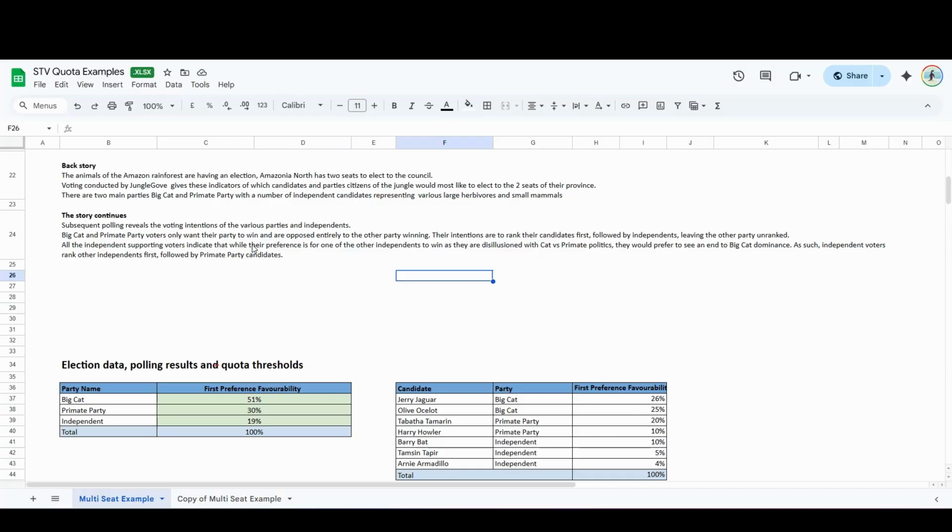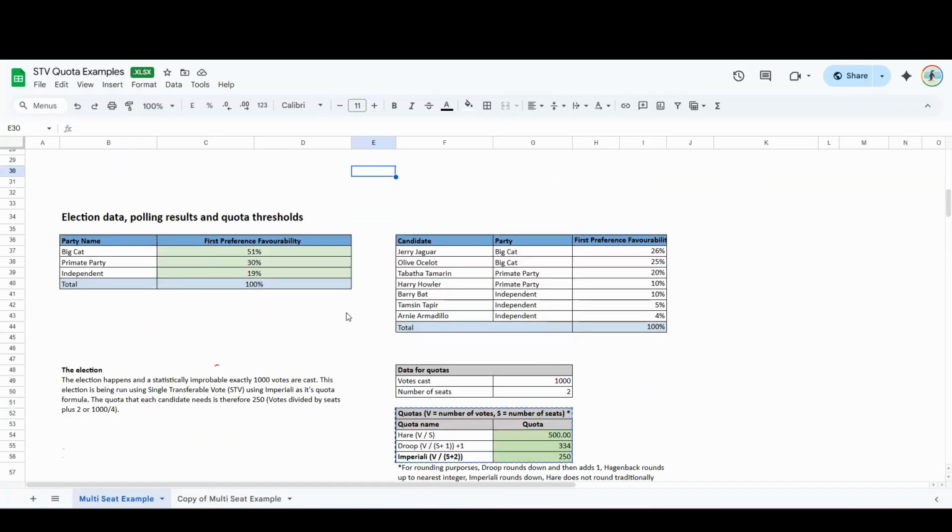I know this isn't how it might necessarily work out in real life, but otherwise it's way too complicated to put into this kind of thing. But all the independents are anti-Big Cat, so voters who would prefer an independent will still prefer the Primate Party over Big Cat.